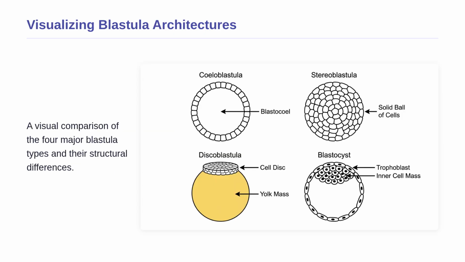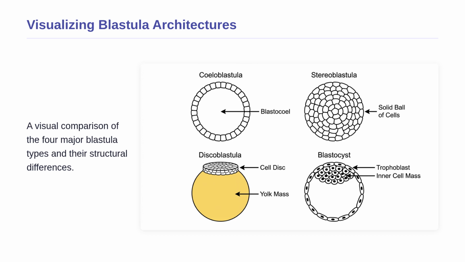Now that we've discussed these variations, let us look at them side by side in this diagram. In the top left, you see the coeloblastula, clearly showing that large, empty central cavity, the blastocele, surrounded by a single layer of cells. To its right is the stereoblastula, which is entirely filled with tightly packed cells, lacking any cavity.